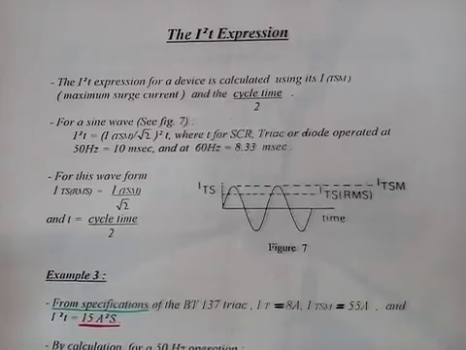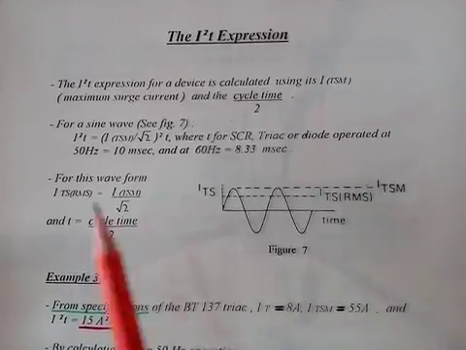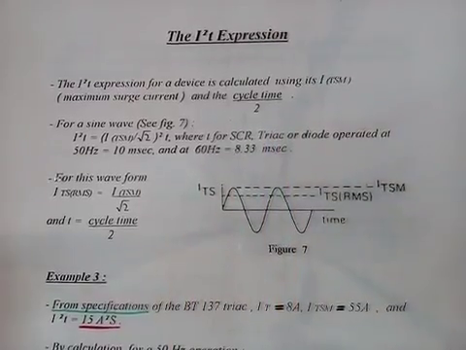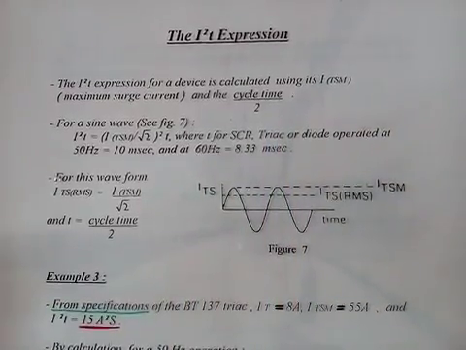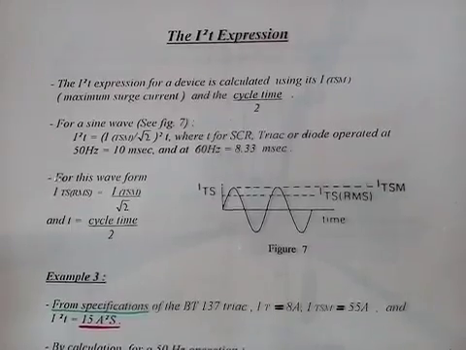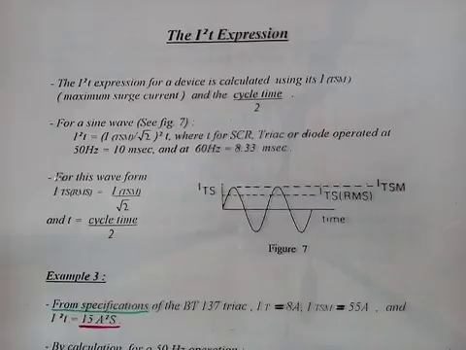The I2t expression for a device is calculated using its ITSM, which is the maximum surge current, and the cycle time divided by 2.